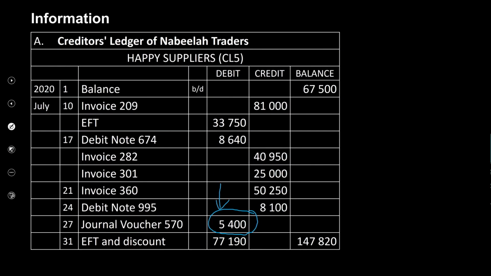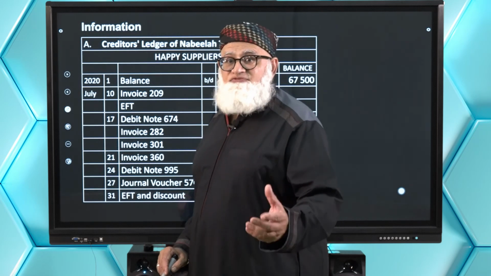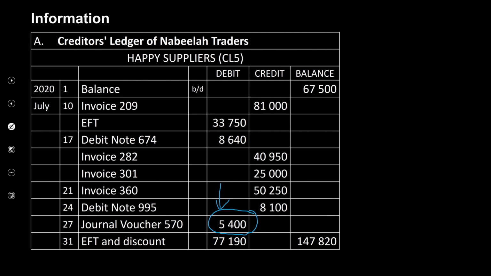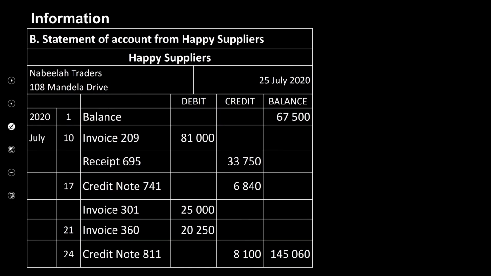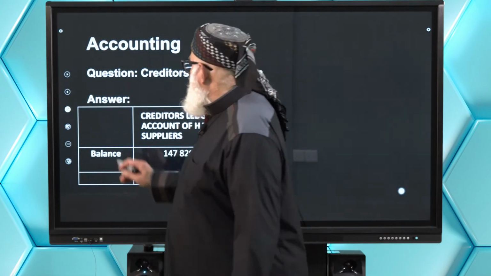You can see that 5,400 rand. So obviously, in their records, it will be a credit as if we had paid them. Therefore, if we're looking at this entry here, how are we going to correct it? We're going to say minus 5,400 rand, where? On the statement. Okay, next one.